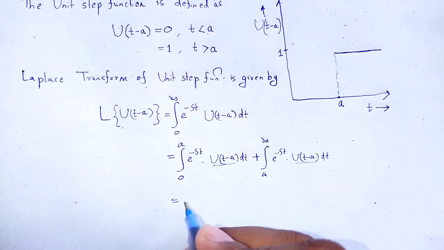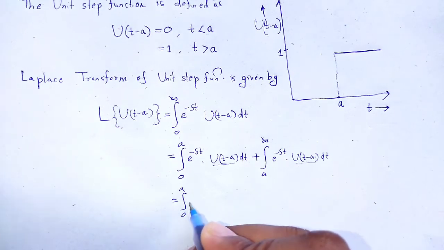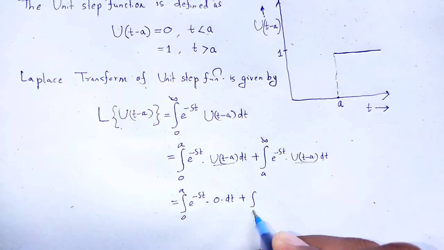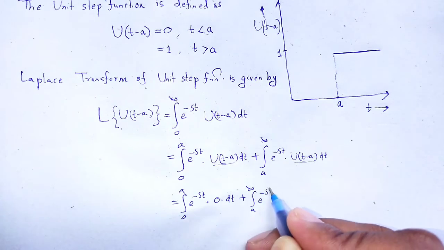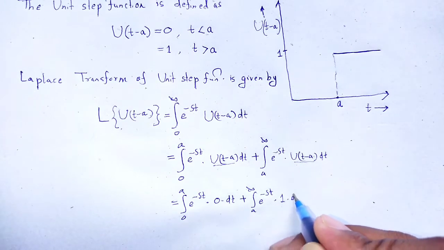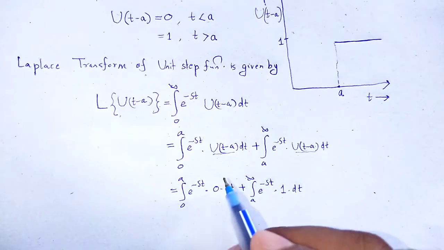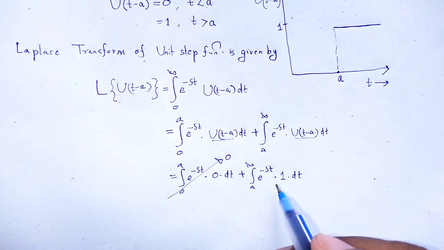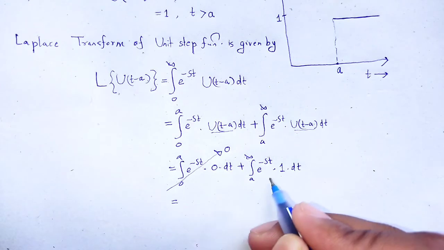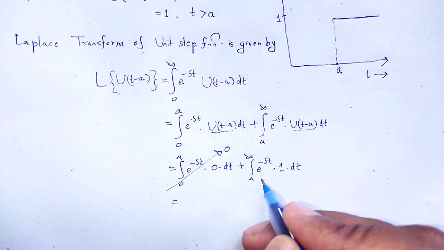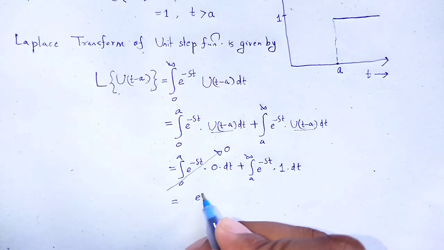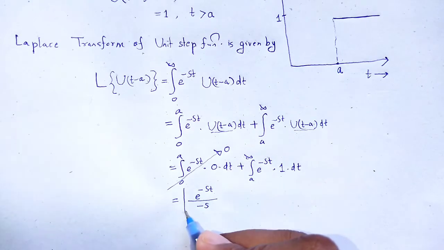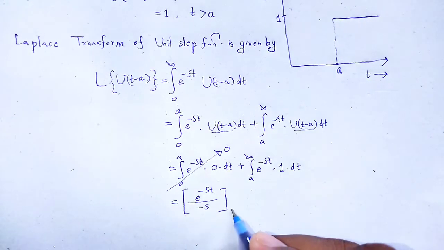The values are put: 0 to a e to the power minus st 0 dt plus from a to infinity e to the power minus st 1 dt. That integral vanishes as 0, only that integral exists, and the integration can be solved as e to the power minus st divided by minus s, and that limit from a to infinity.